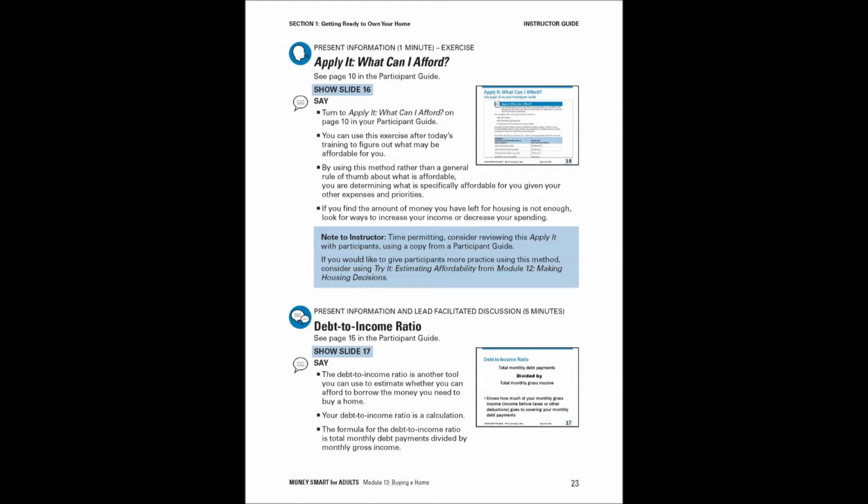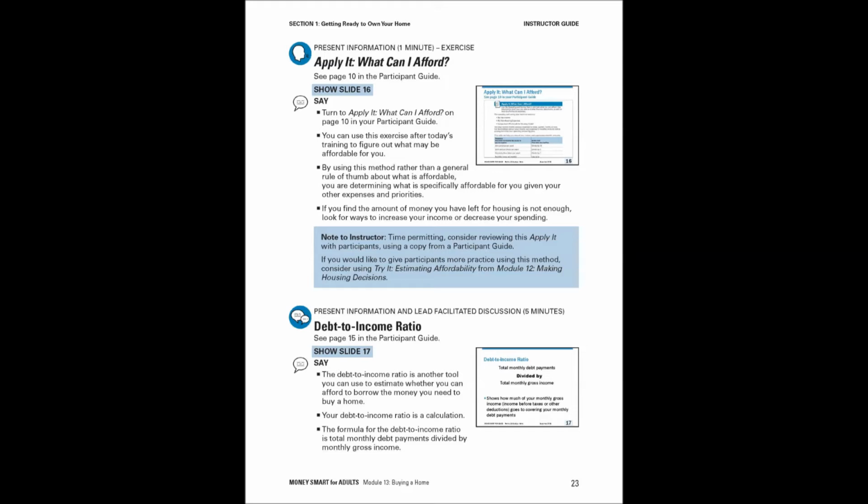And this is really an exercise to help your participants figure out what is affordable for them. Again, not that we're relying upon general rules of thumb about what's affordable. We are actually getting down to the numbers to find out if the participants have the money, the capacity to actually make this happen.